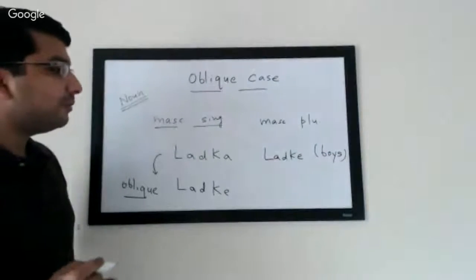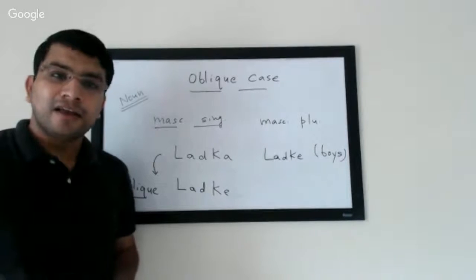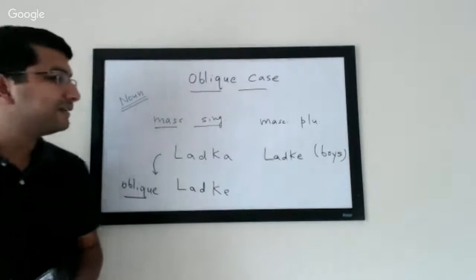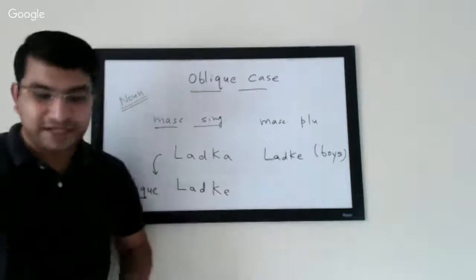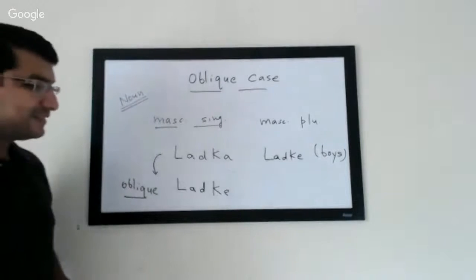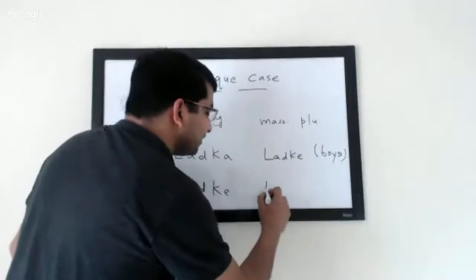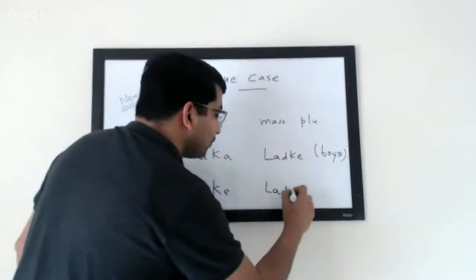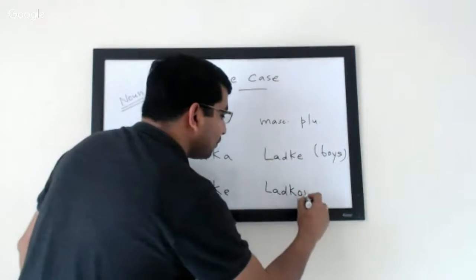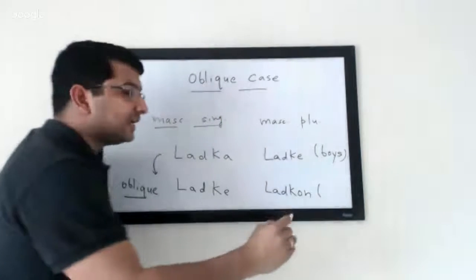Now, what is the oblique case for ladke? I'm going to give you 30 seconds to see if you can think of the oblique case for ladke. Yeah, very good, so you already thought about it. The oblique case for ladke is ladko. So it's the oblique case for boys.